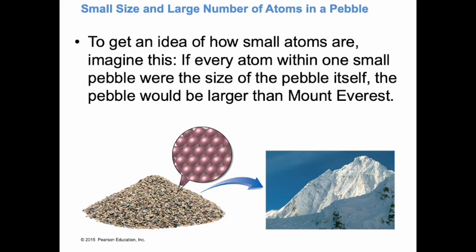So these atoms are so incredibly tiny that a single grain of sand has a trillion atoms in it. A single grain of sand that's so small you can't even see has more atoms in it than you'll ever be able to count in your entire life. So that's how small they are. Really, really small.